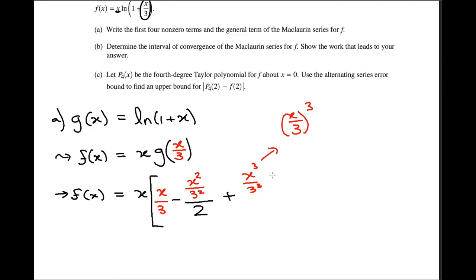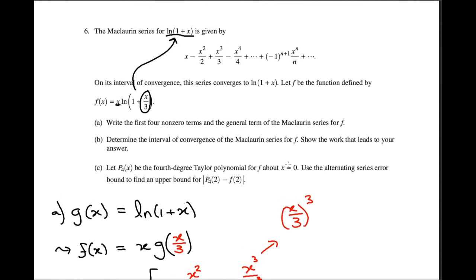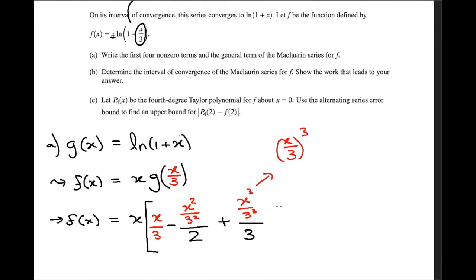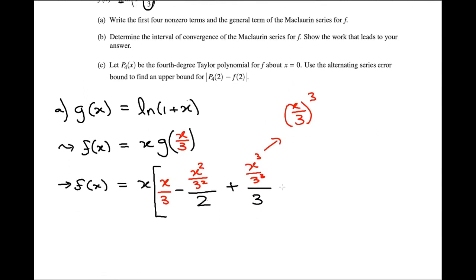So we have that over 3, and then minus x to the 4th over 3 to the 4th over 4, and then plus yada yada yada.